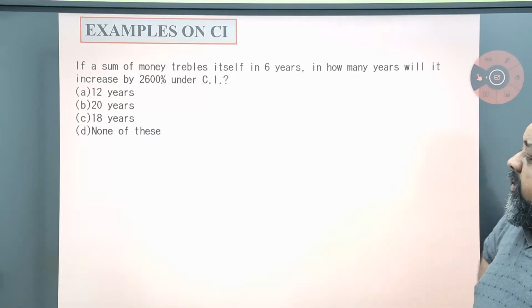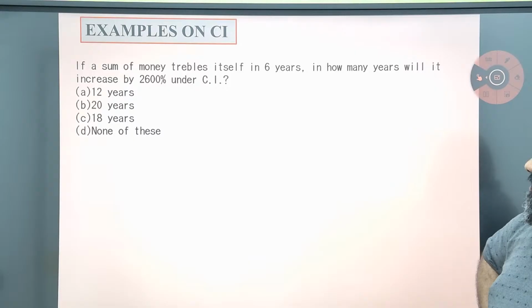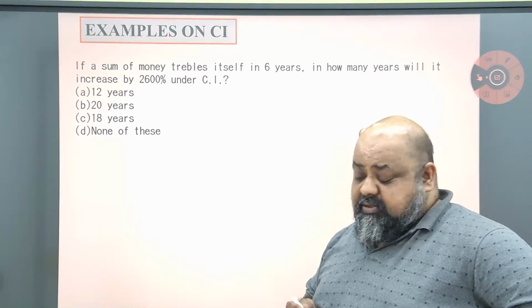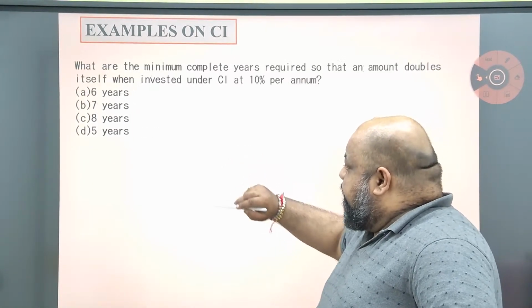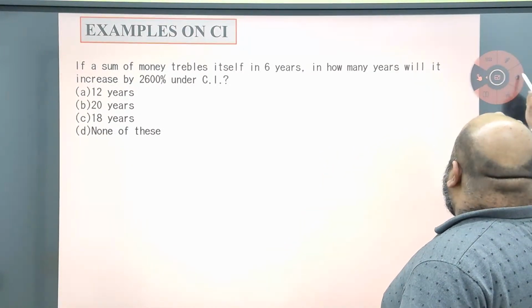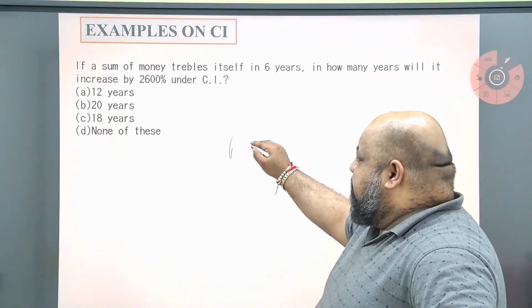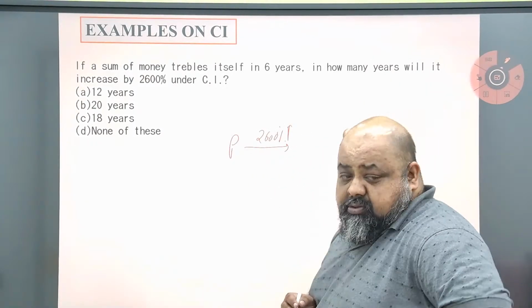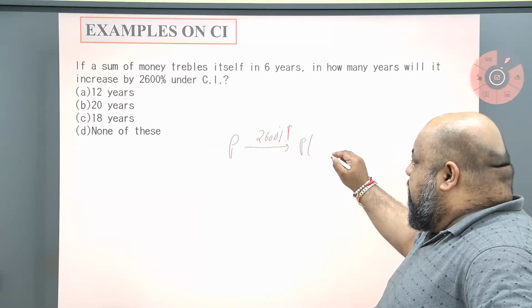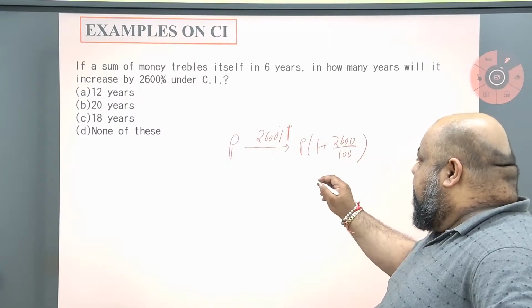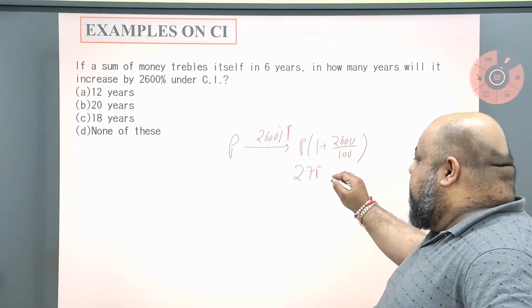If the sum of money trebles itself in 6 years, in how many years will it increase by 2600% under CI? First of all, what is an increase of 2600%? If the principal has to increase by 2600%, what will be the amount? The amount will be P into (1 plus 2600 upon 100), the multiplying factor, which will be 27P.